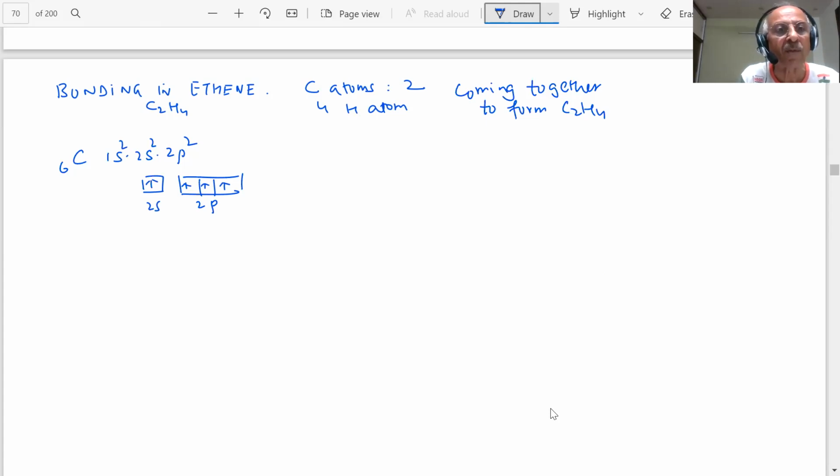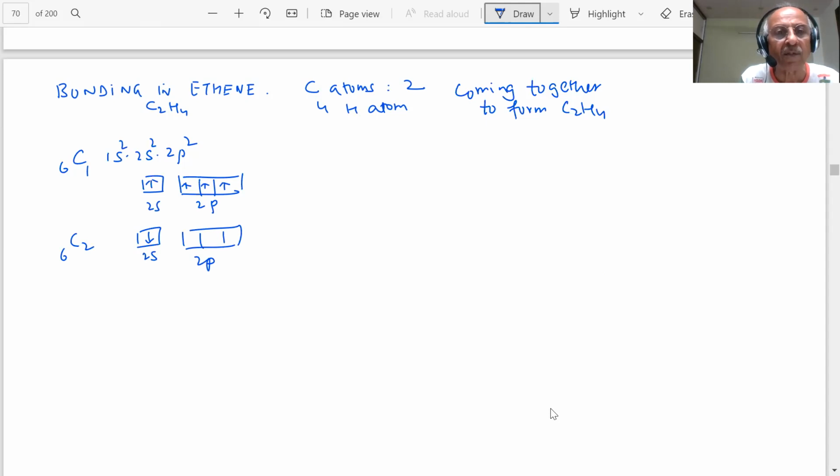Now this is carbon 1. Similarly, there is a carbon 2, which has the same configuration, 2s and 2p. When this comes to form a bond with this, what will happen? Then the spin will be opposite between this carbon and that carbon.